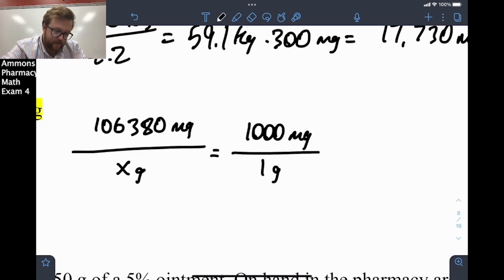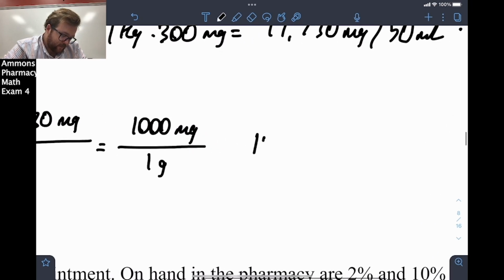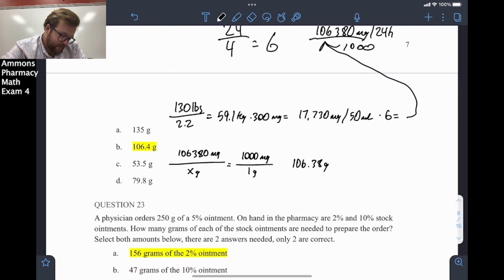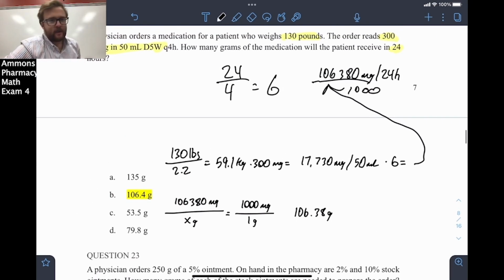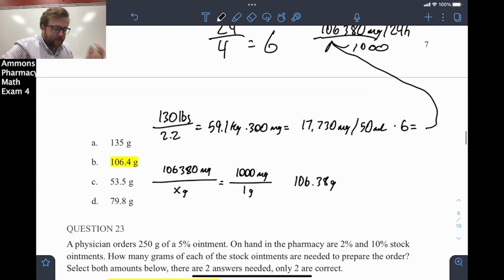Divided by 1,000 is a more reasonable 106.38 grams. So 106.4. That was a huge number, but we dialed it back just changing its units.